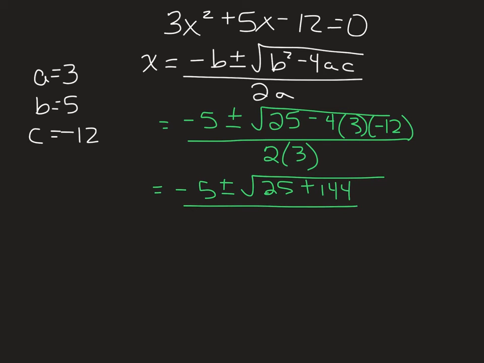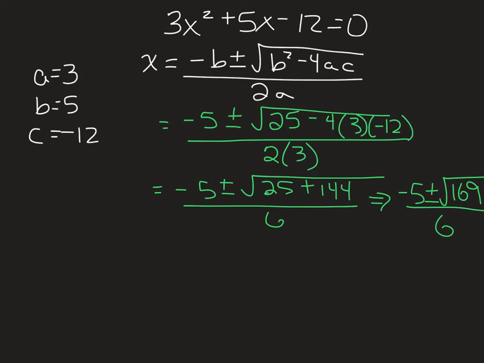And then all over 2 times 3, which is 6. What I'm going to do over here to the side, I'm just going to clean this up a bit so you can see it. So this is negative 5 plus or minus the square root of 169, because 25 and 144 is 169, all over 6.